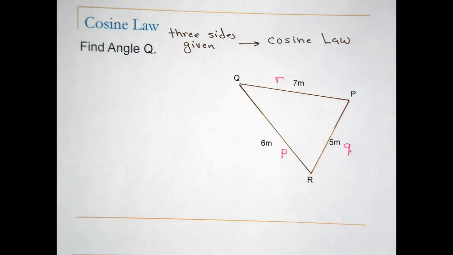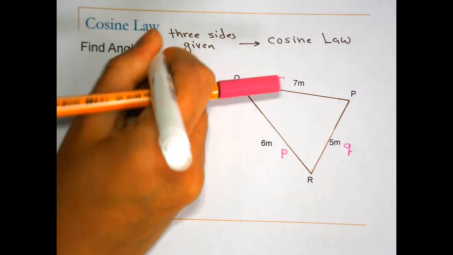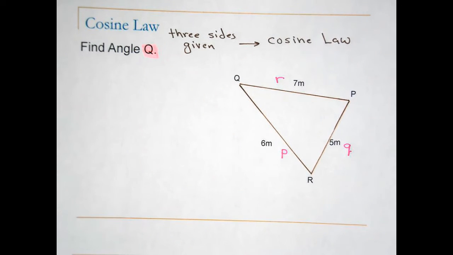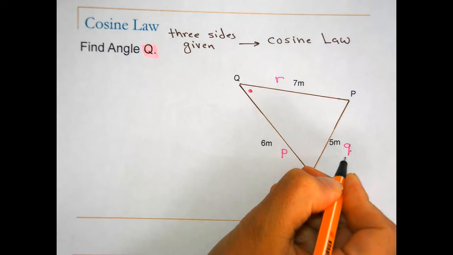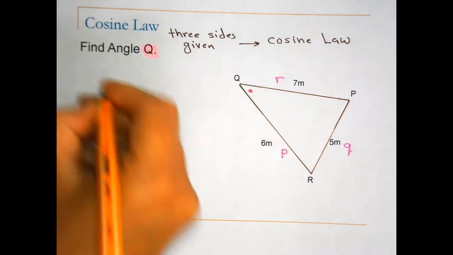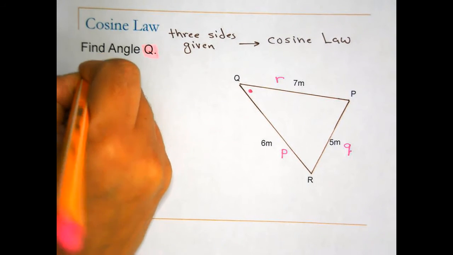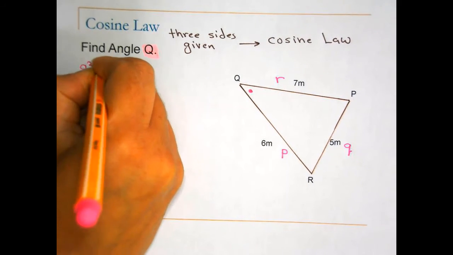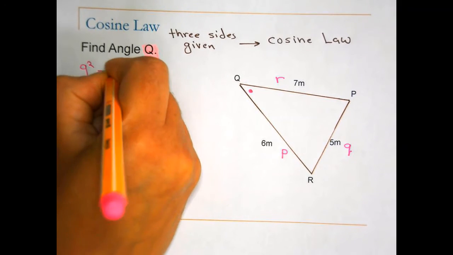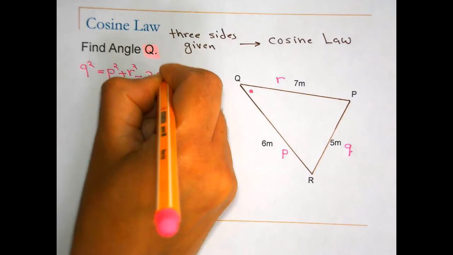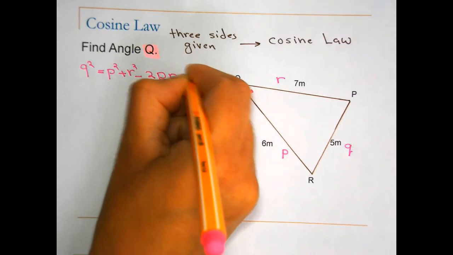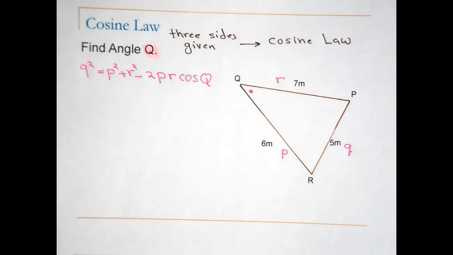Now we are going to find angle Q. So that means we have to write the cosine law for side Q. So Q squared equals P squared plus R squared minus 2 times P times R cosine Q. Now we substitute.